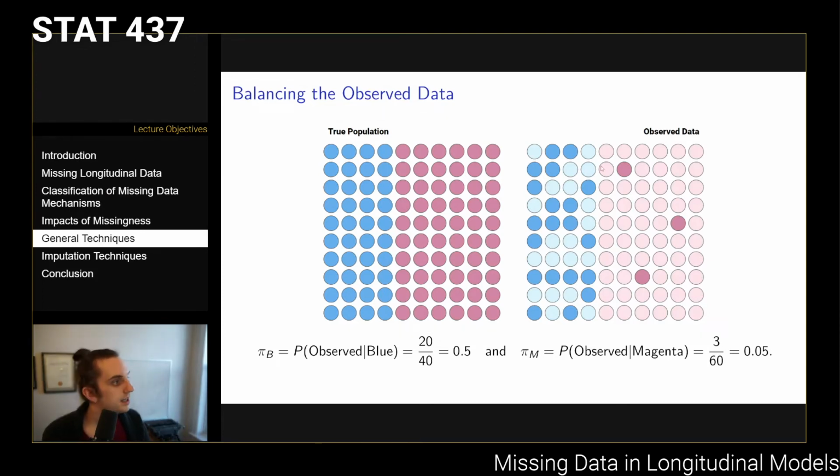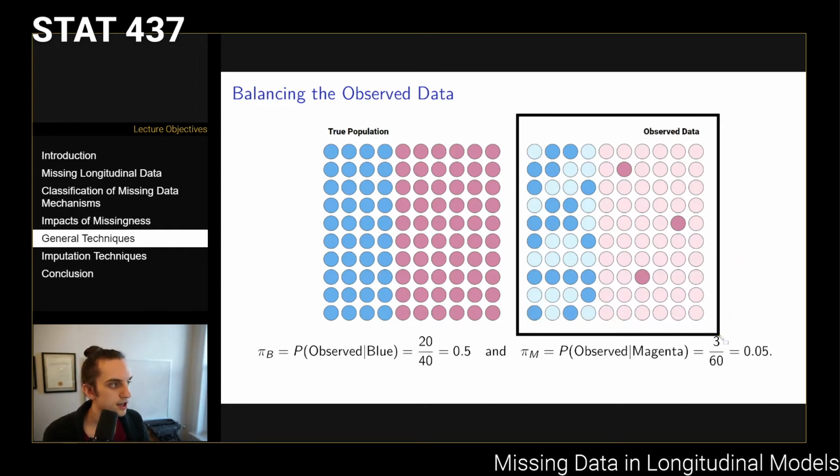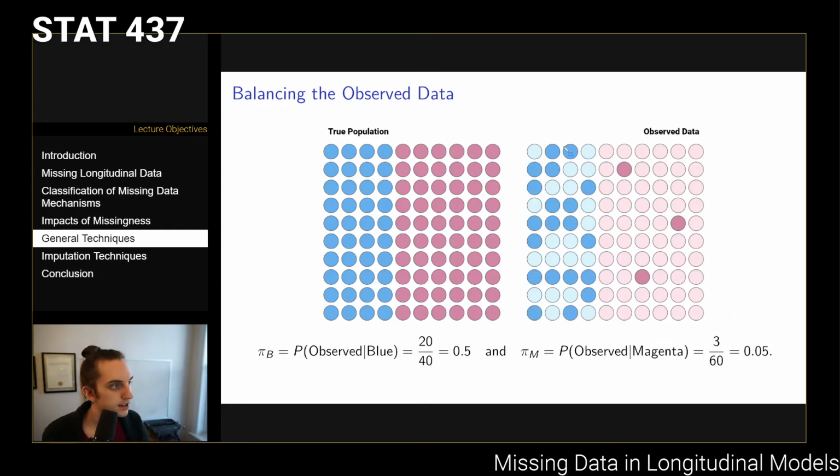On the right-hand side, we have the observed data. In the observed data, these lighter circles are the people that we did not observe, and the darker values, here and here and here and so on, are the values that we actually did observe.